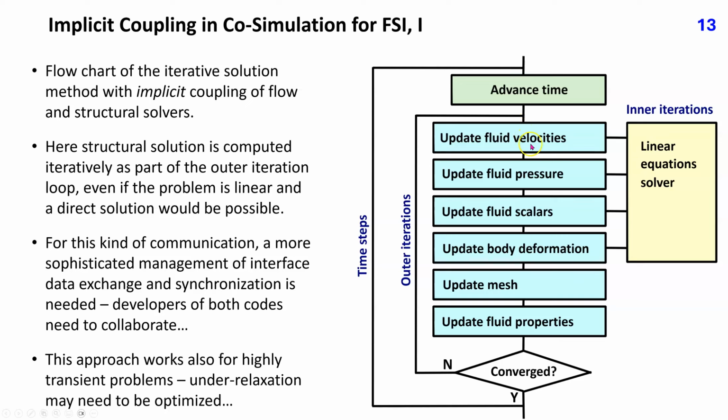For this kind of communication within outer iterations, a more sophisticated management of interface data exchange and synchronization is needed. Usually, developers of both codes need to collaborate to make it possible. This approach works also for highly transient problems which require small time steps and second-order discretization in time. Under-relaxation of both fluid and solid may need to be optimized.